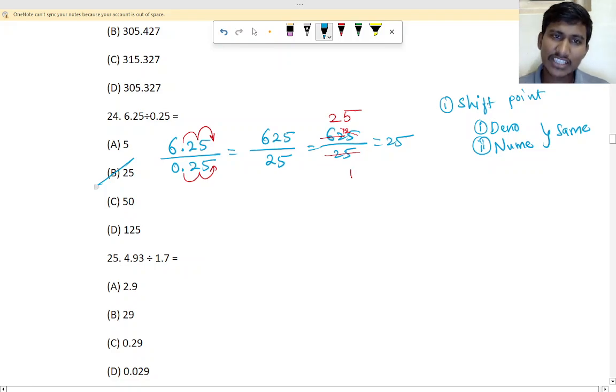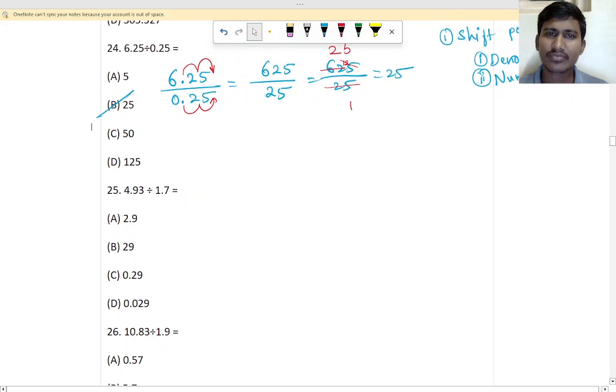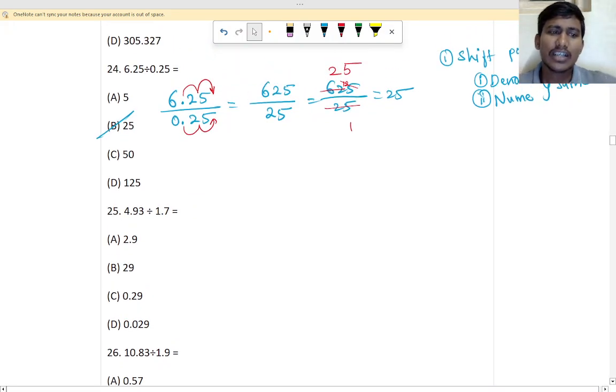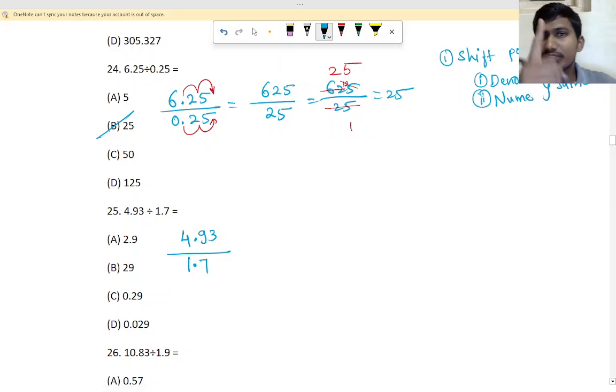So I will explain one more question, you will understand. See here. Listen. In the shifting method, we should take off the point, sir. Yes, we should take off the point in the denominator. If it is in the numerator, it is fine. So see here, in the 25th question you will understand easily. So we have to shift the point, first where do we have to shift?